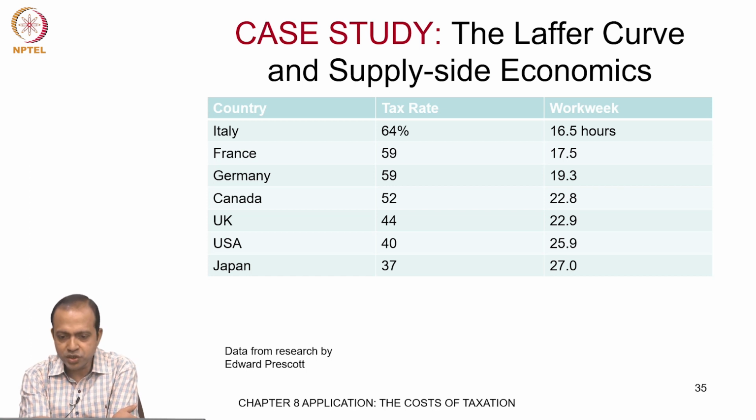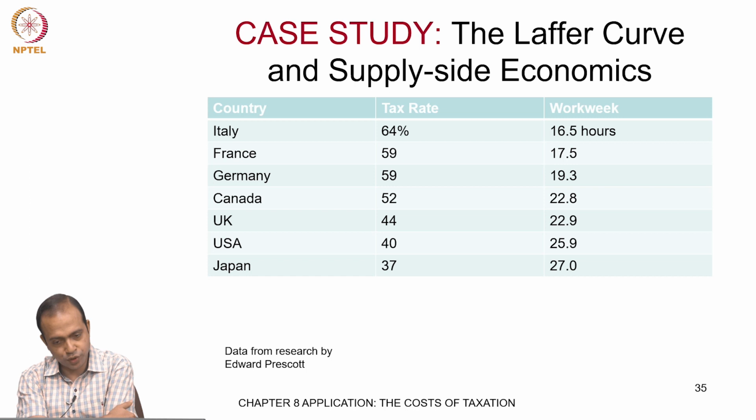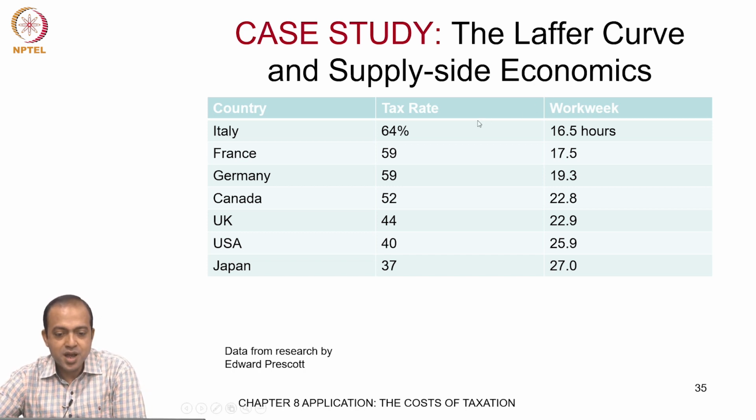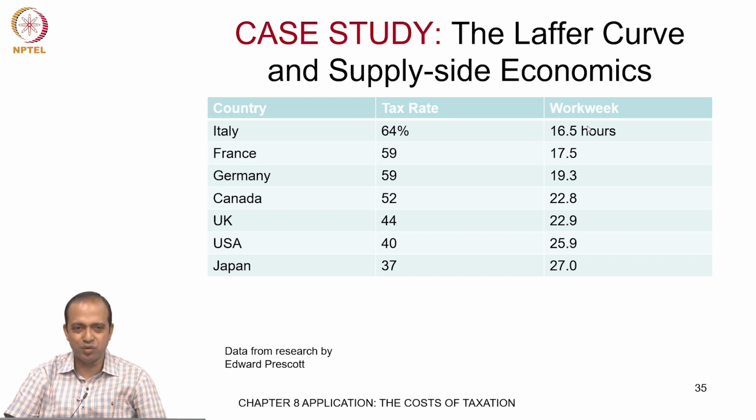Canada 52%, so work week is 22.8. UK is 44%, work week is 22.9, even more. USA 40%, Japan is only 37%. So, you can easily understand, the lower the tax rate, the higher the work week; the higher the tax rate, the lower the work week, because tax gives some disincentive to people to work more. That is what we have learned.